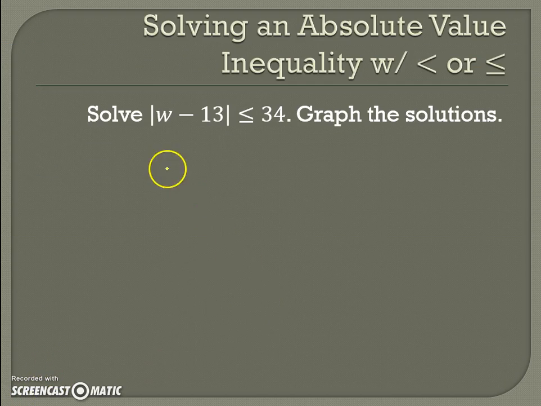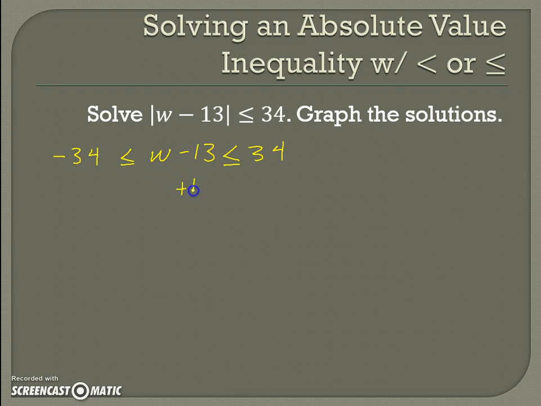So here it says solve the absolute value of W minus 13 is less than or equal to 34, and then graph the solutions. For this, I would take 34 and make it negative 34 is less than or equal to W minus 13 is less than or equal to positive 34. So there's my compound inequality that I'm going to solve. You've already seen problems like this.